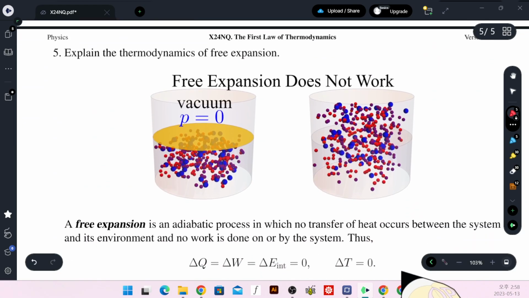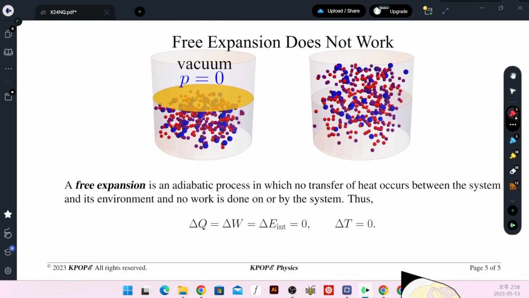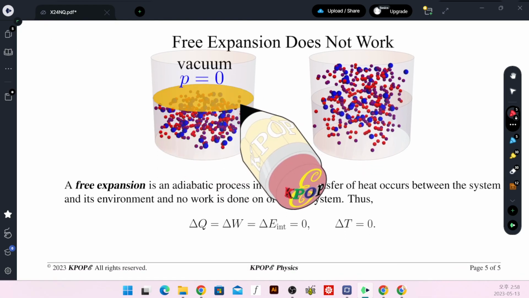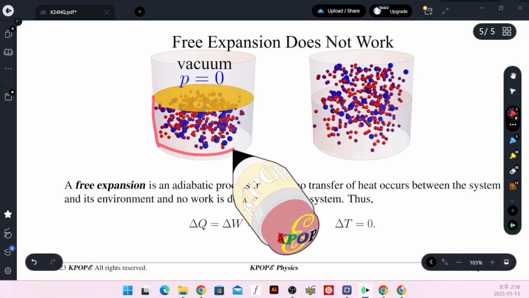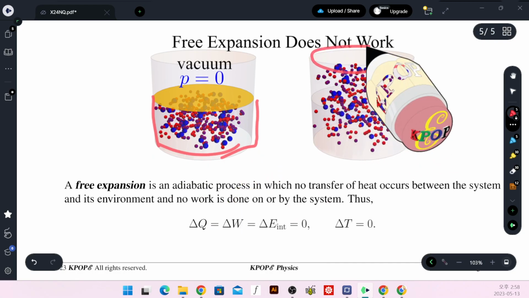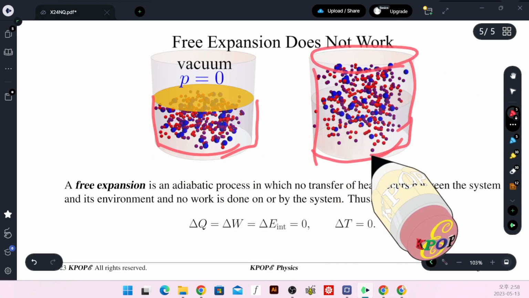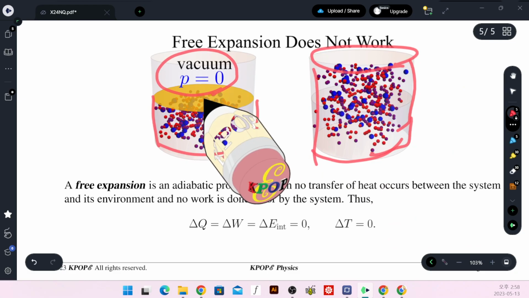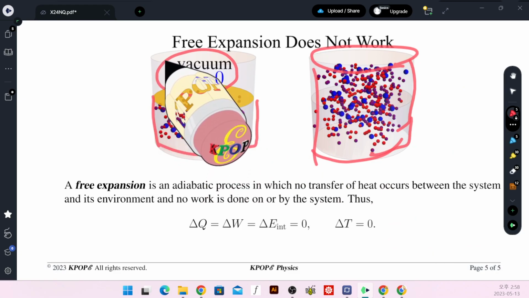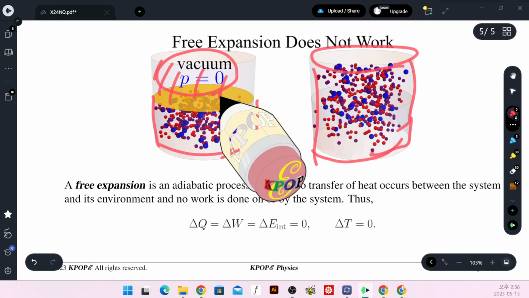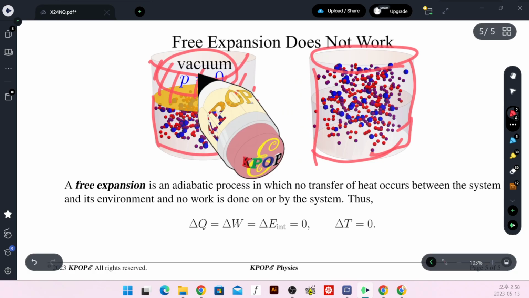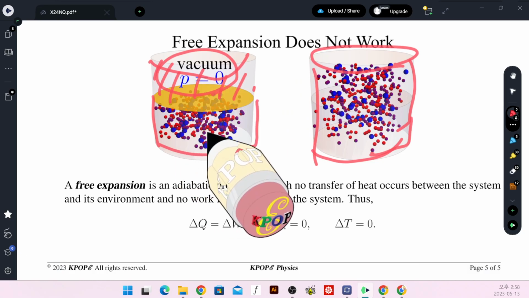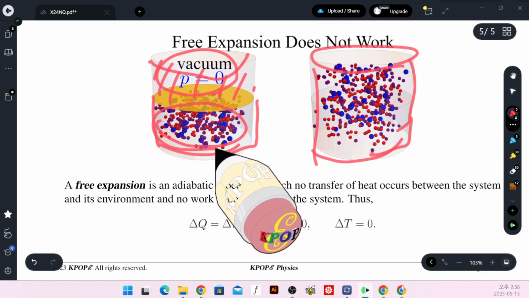Explain the thermodynamics of a free expansion. Free expansion expands the volume of gas from a certain size to a bigger size. In the initial state, this part of the partition was empty, and it is being filled by this part.